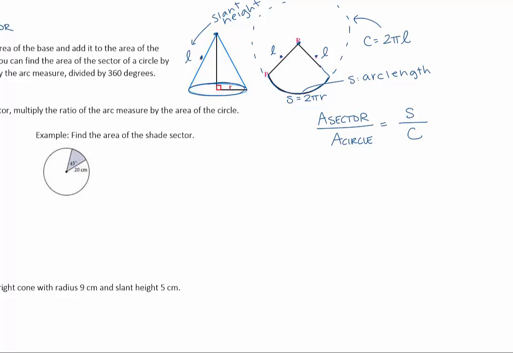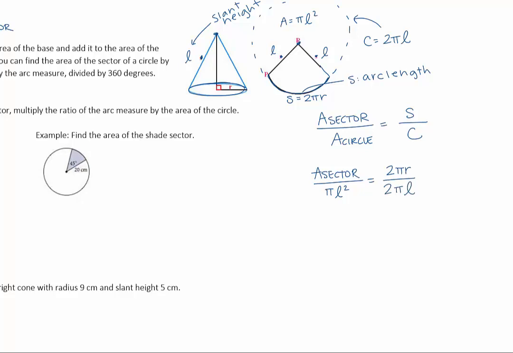So we want to solve for the area of the sector in terms of all these variables. So the area of the circle would be pi L squared. S was 2 pi r, and the circumference is 2 pi L.